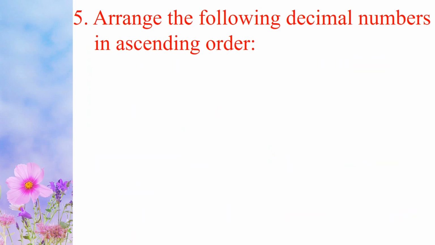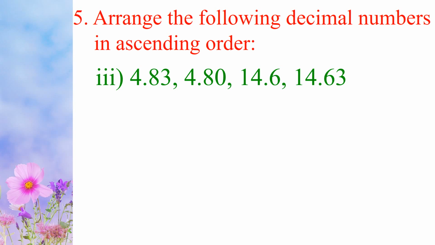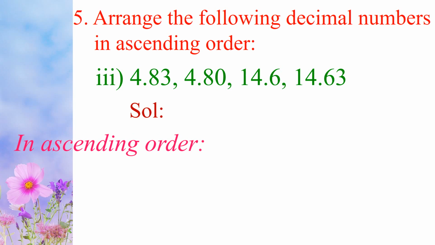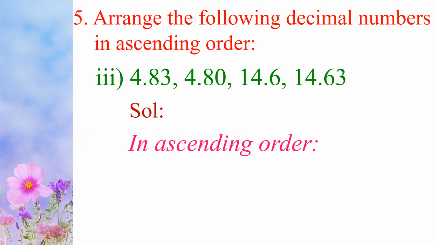Next one, arrange the following decimal numbers in ascending order. The given decimals are 4.83, 4.80, 14.6 and 14.63. We already know ascending order means arranging the decimals from smallest to largest. By comparing the whole number part, we get 4.83 and 4.80 are the smallest decimals.